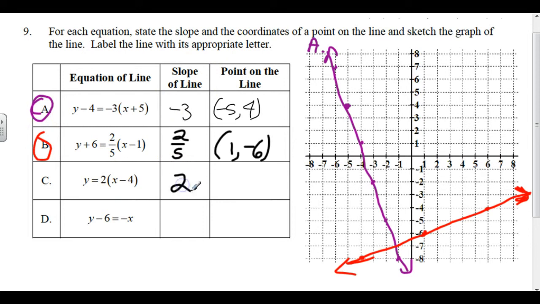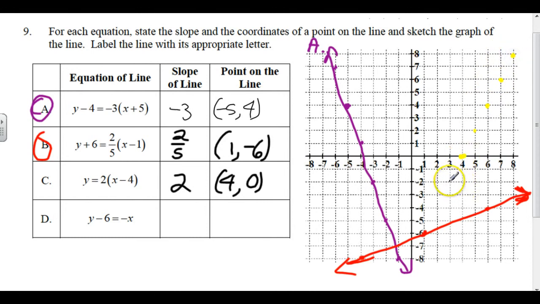C, slope is 2. The x value, well, when you subtract, right? And then the y value is 0. So going through the point 4, 0. Let's pick a color. We have a slope of 2, up 2 over 1.